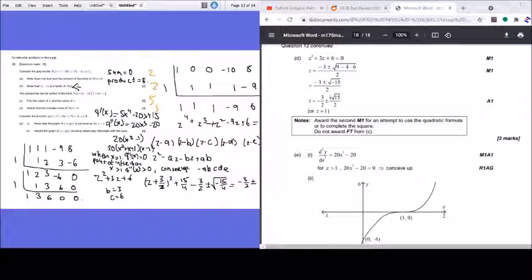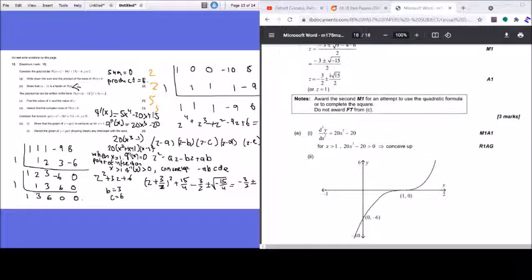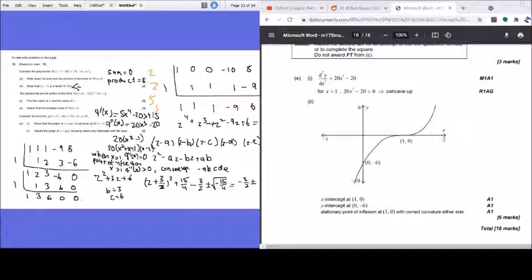And then this is d squared y over dx squared, for x higher than 1. Yeah, they basically didn't do anything that's too kind of crazy. So they just basically said that it's correct, which is M1, A1, R1, so that's 3 points for this.